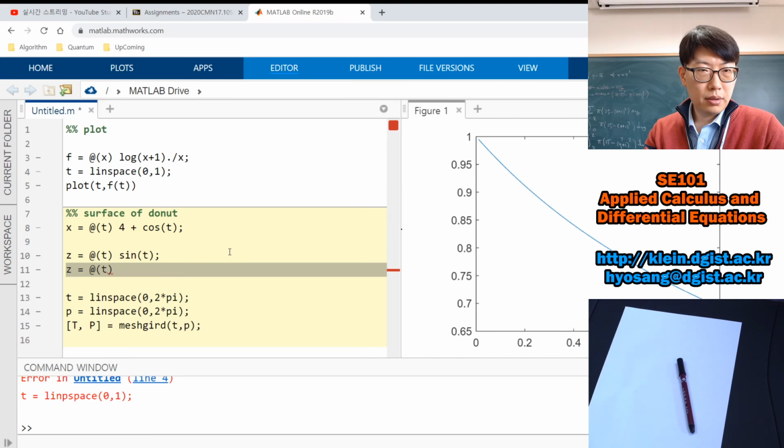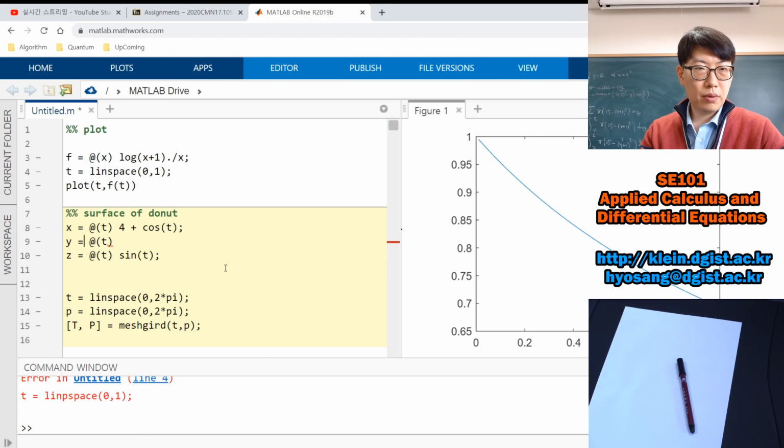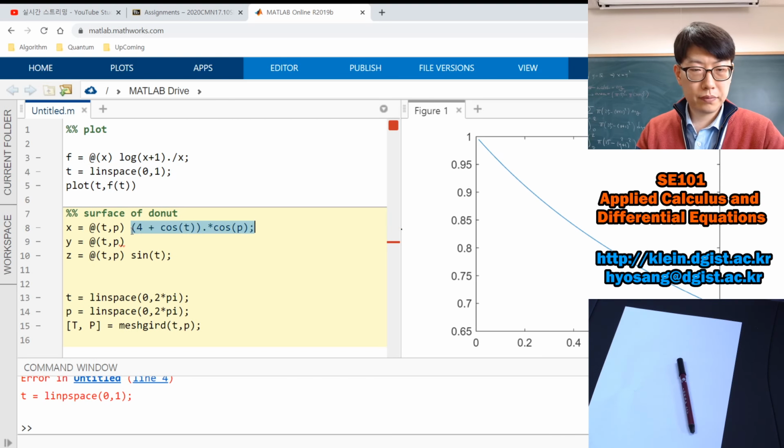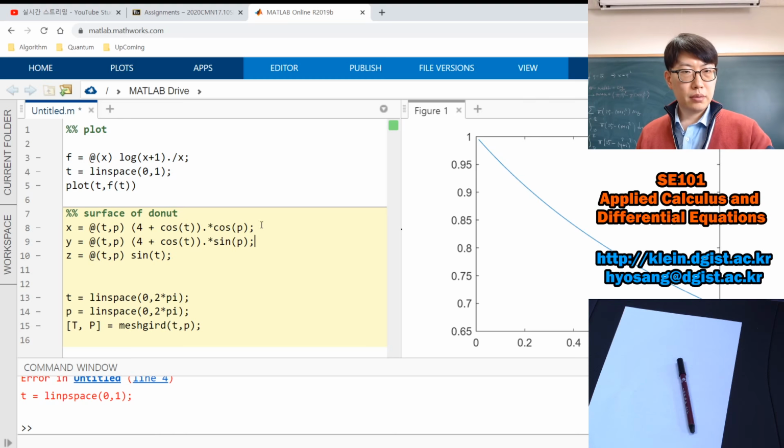So x(t,p) is (4 plus cosine t) times cosine p, y(t,p) is (4 plus cosine t) times sine p, and z(t,p) is sine t.